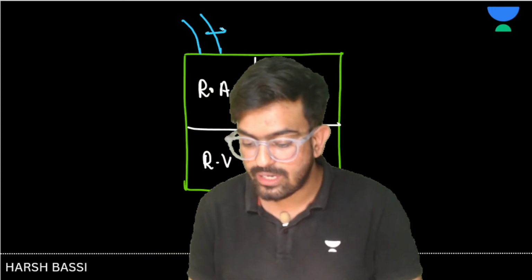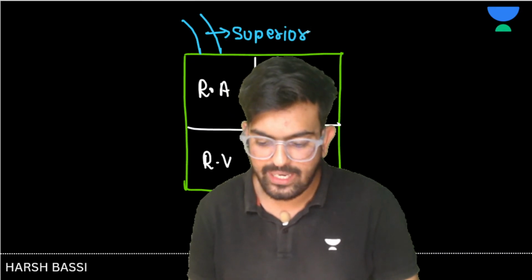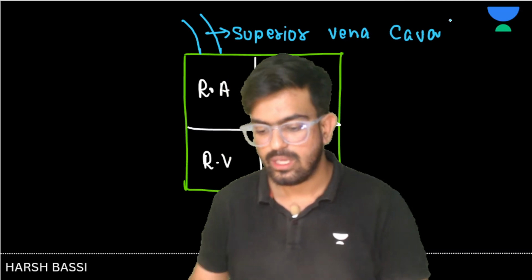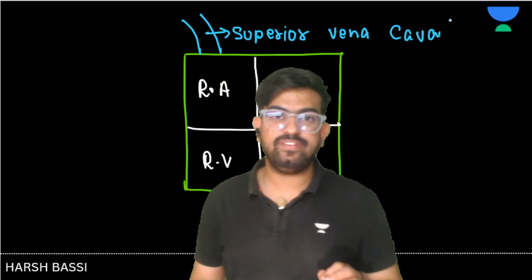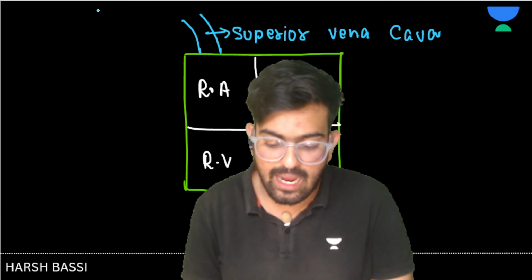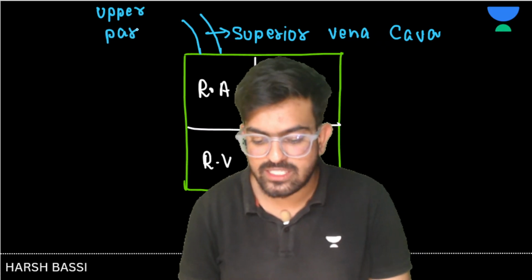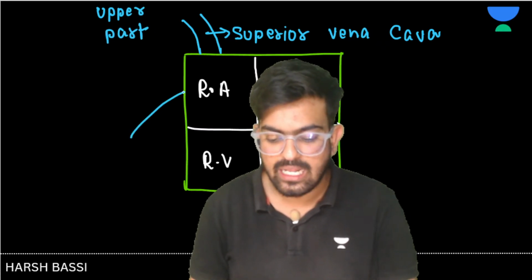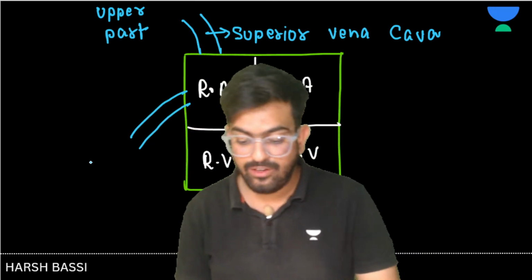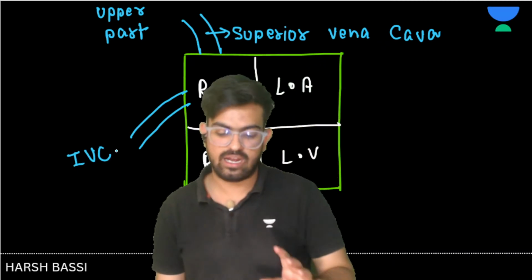Another blood vessel comes from the lower part and opens into the right auricle, which is known as inferior vena cava. Clear?